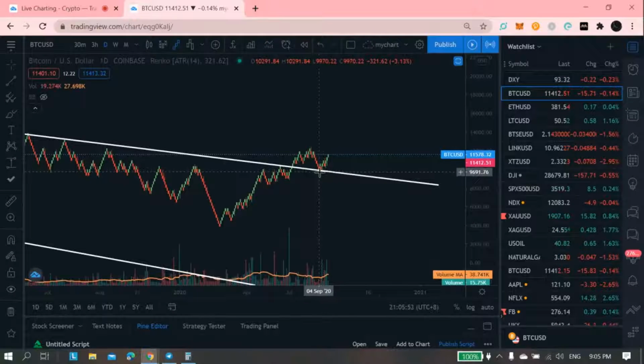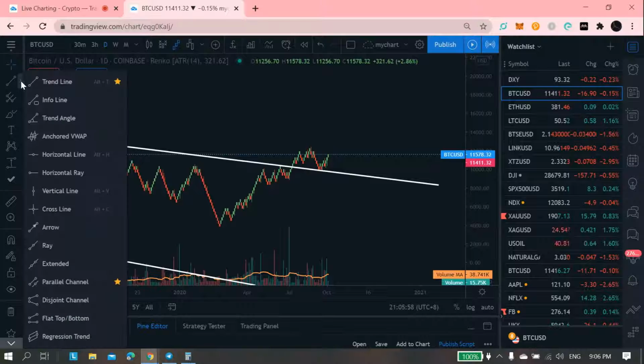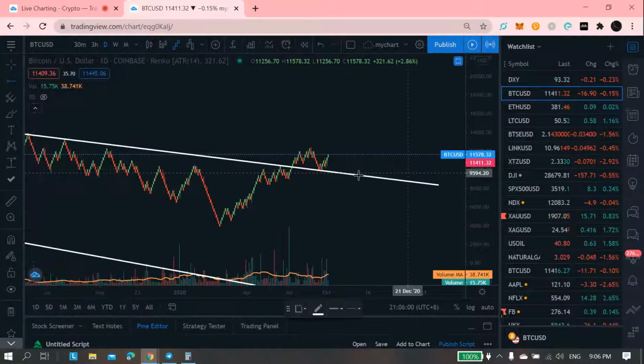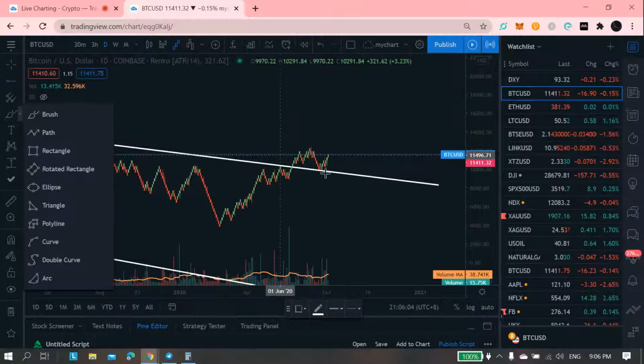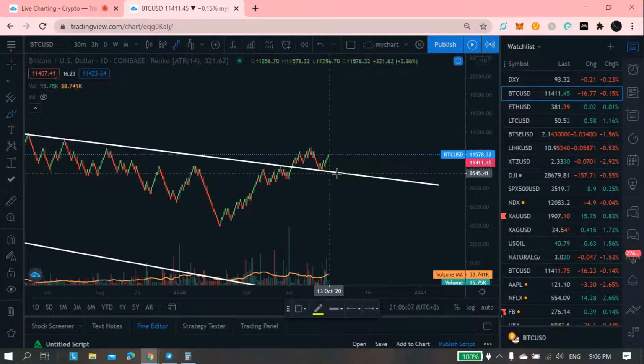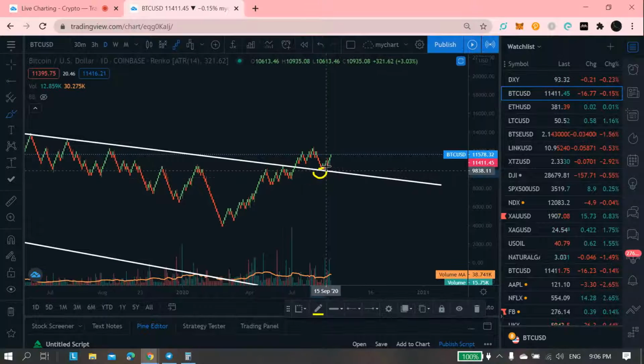We have retested this area, around 9,900, as the strong support area.